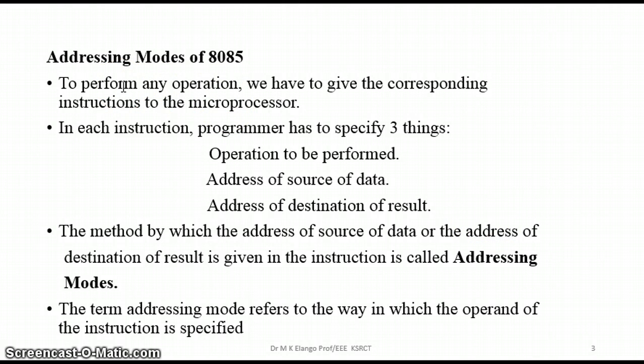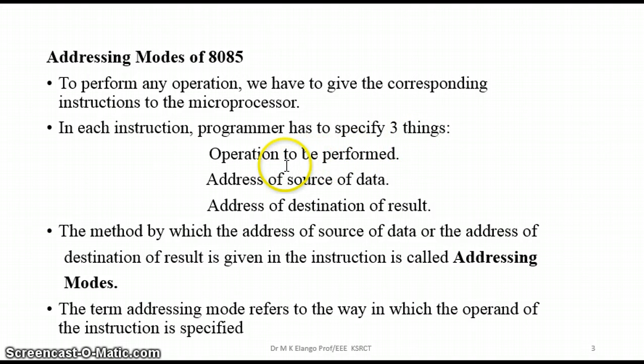To perform any operation, we have to give the corresponding instructions to the microprocessor, because the microprocessor is a machine that doesn't know. As a human being, we know what to do, when to do and how to do, but as a machine, each and everything we have to give it. So in each instruction, the programmer has to specify three things.